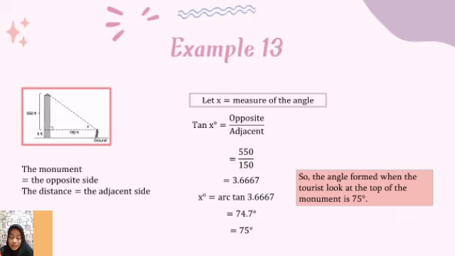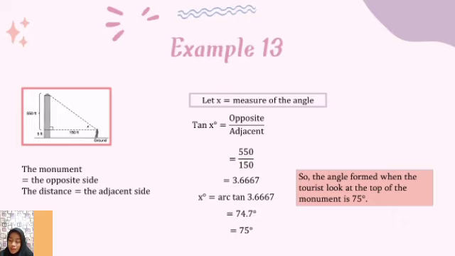So tan x equals opposite over adjacent, and the opposite is 550 and the adjacent is 150, so 550 over 150 equals 3.6667.